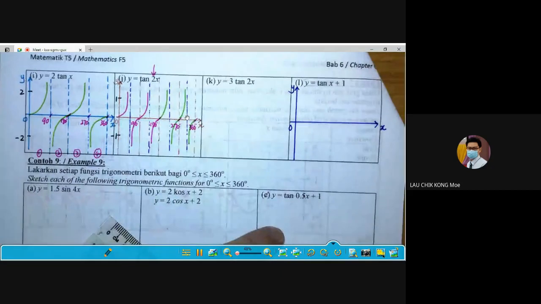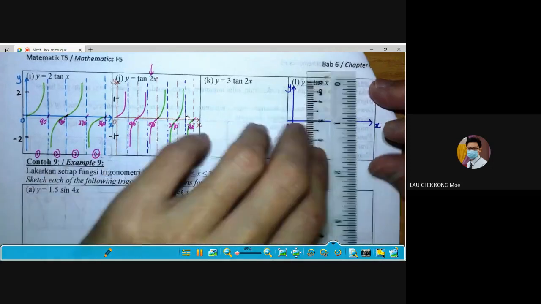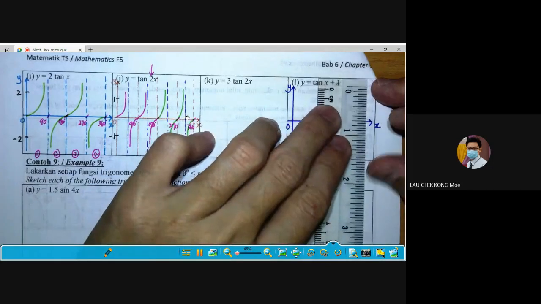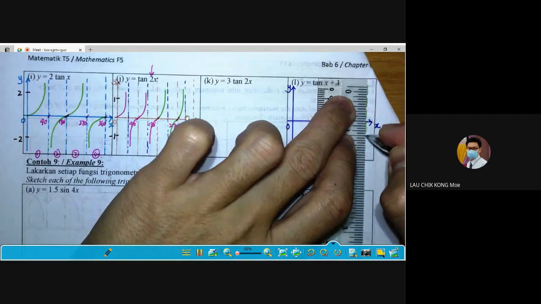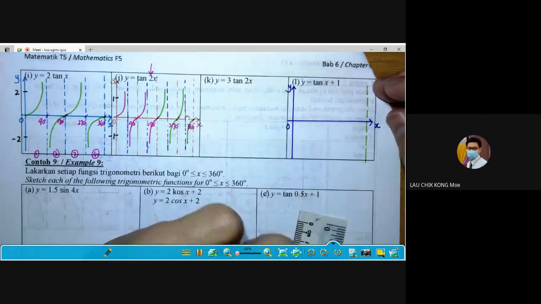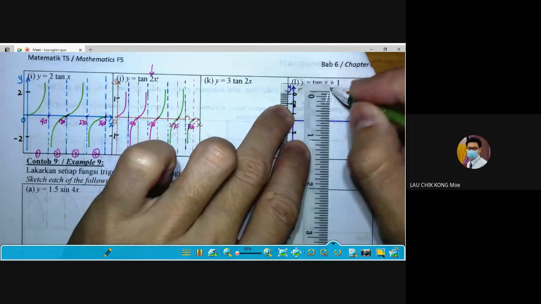Okay, and then we divide by 4 columns. Okay, first is one big column first. Okay, one big column is 360 degree, and then divide by 2. Hampir sama, divide by 2.